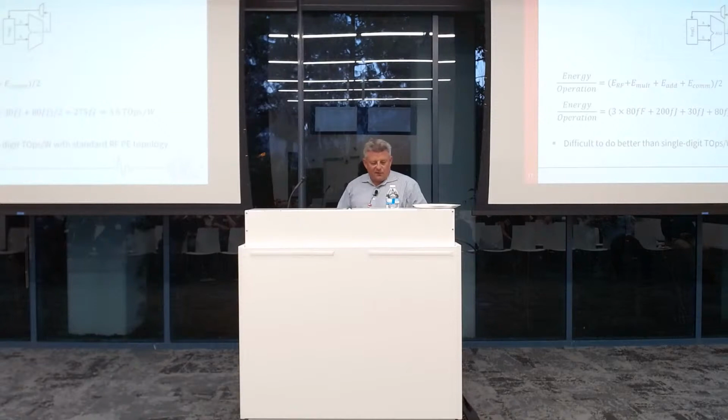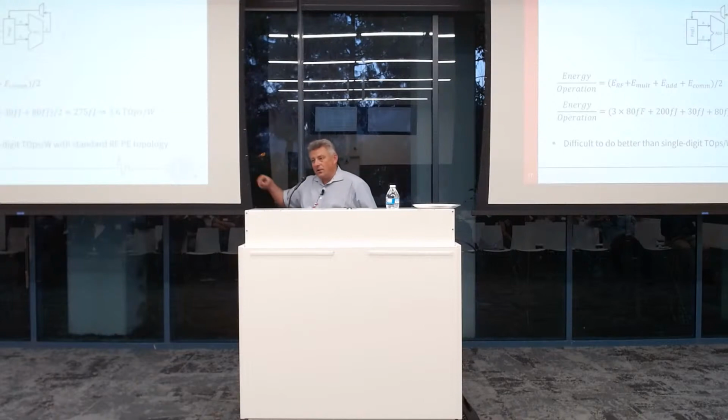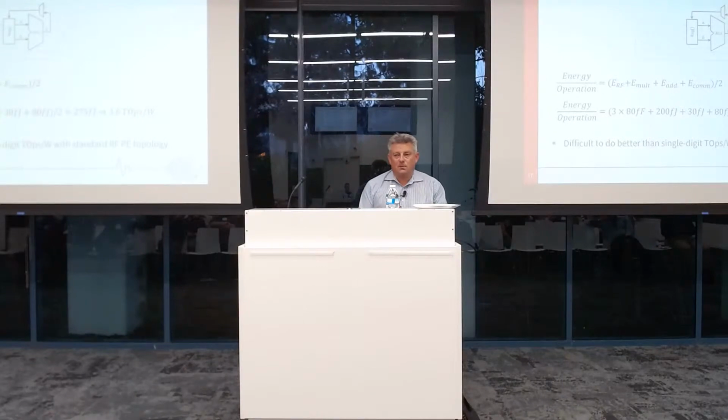So there's always a little bit of overhead, and if I add up these numbers, some of these you've actually seen. This is the memory access number. This is the multiplier. This is the adder I showed you earlier. This is a little bit of wire, and then divide by 2 because I do a multiply-add. You get to 275 femtojoules. And then again, I take 1 over that, and it tells me that the ceiling now is 3.6 TOPS per watt.